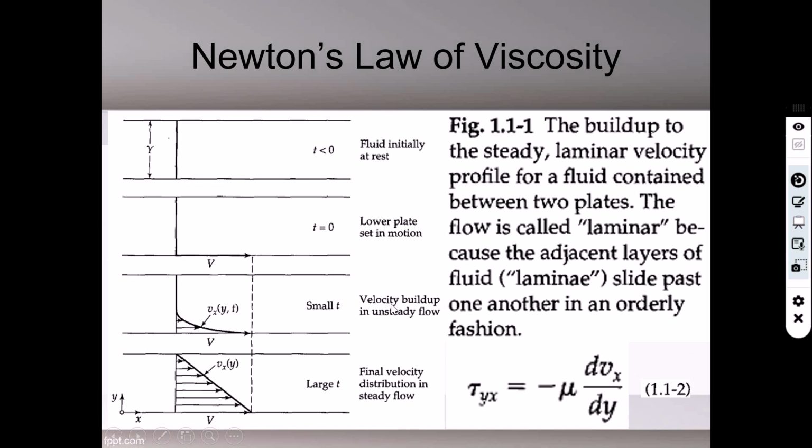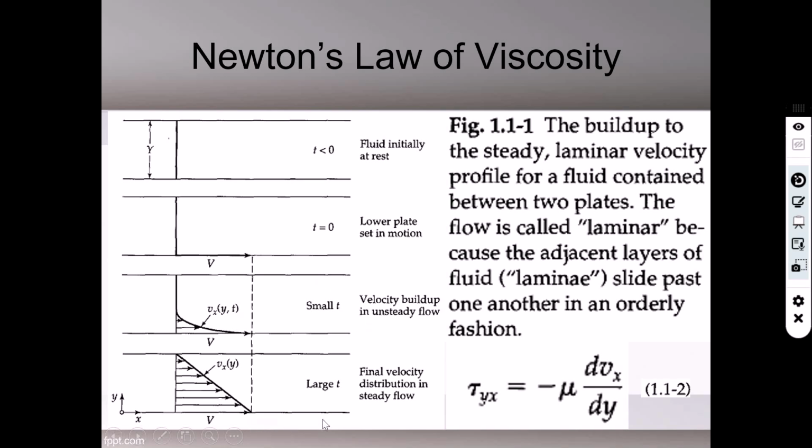We try to describe a laminar flow between two plates, where the lower plate moves to the right with a velocity of v, and the upper plate is fixed.